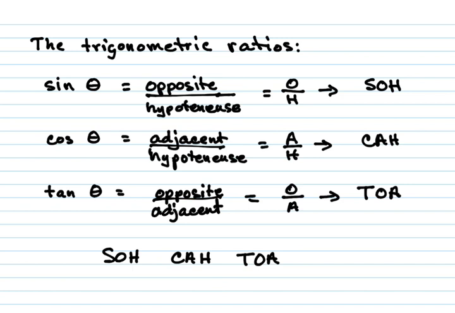So what we're going to do is just look at the steps for building the trig ratios. Then we're going to look at a few examples. They're quick and easy. You'll like them. So our steps are: first, label the triangle.